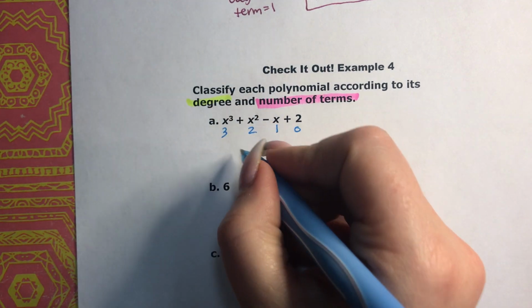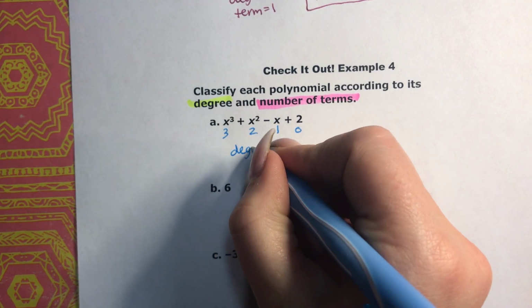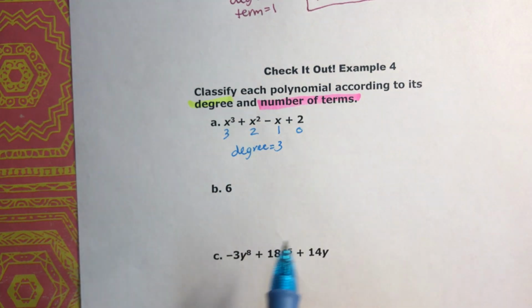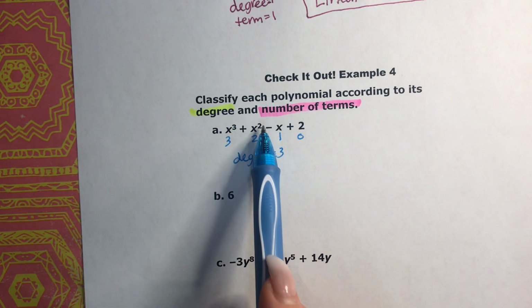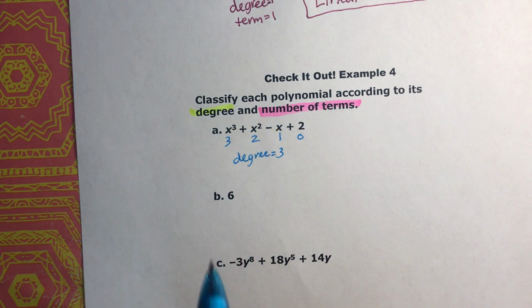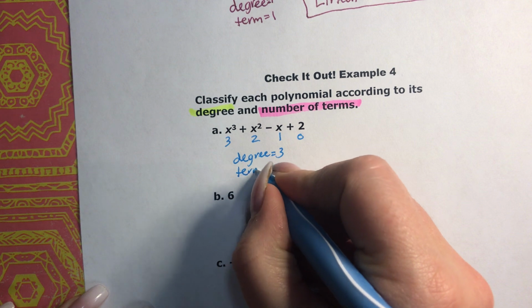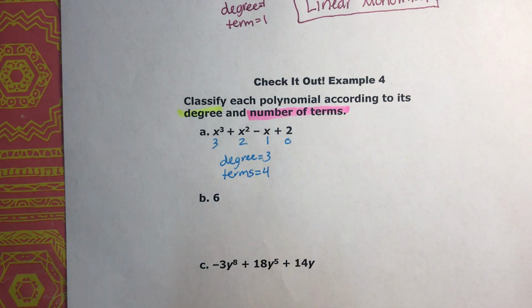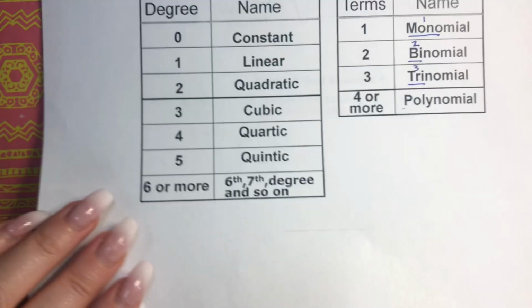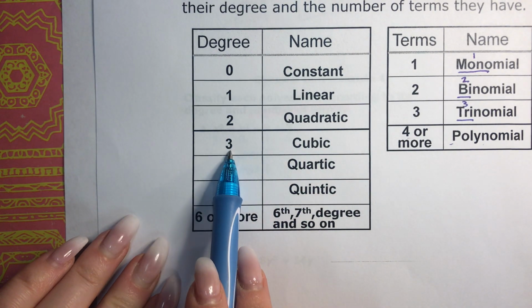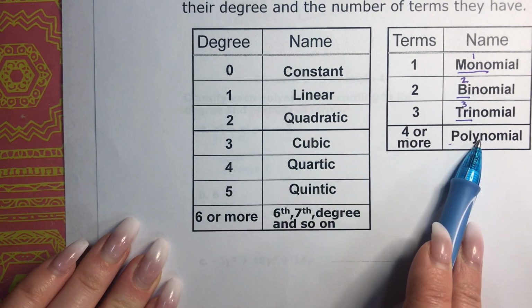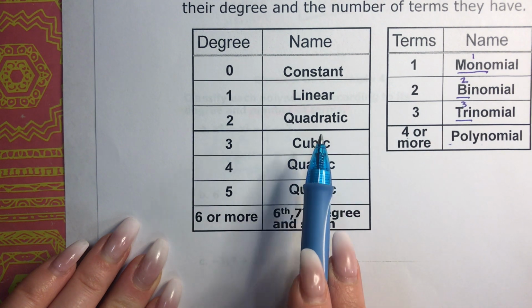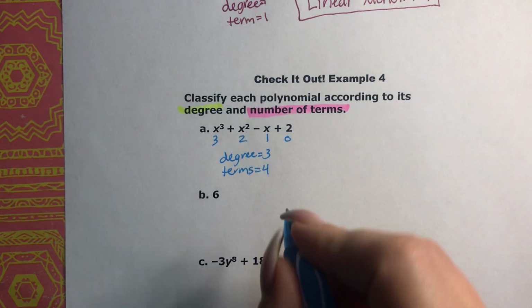So that means the degree is the highest one, which is 3. And then the number of terms, this is 1, 2, 3, 4. So it has 4 terms. So we have a degree of 3 and 4 terms. Something that has a degree of 3 is called cubic, and 4 or more is a polynomial. So this would be considered a cubic polynomial.